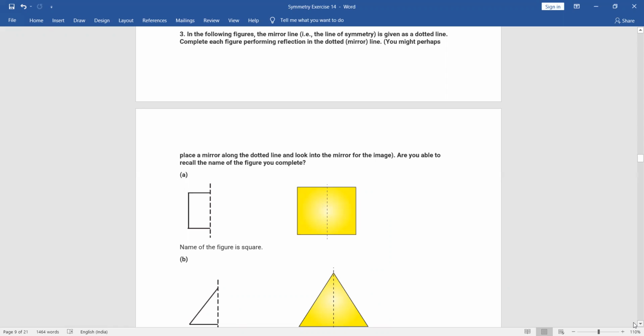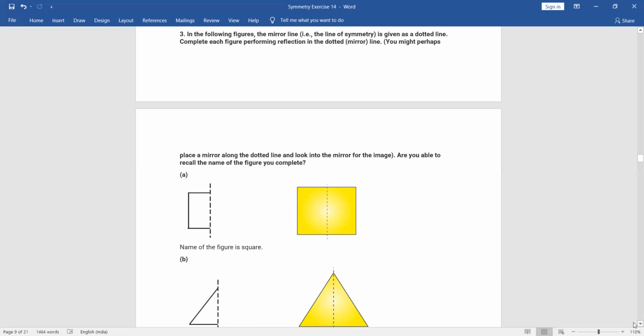When we are talking about the concept of line symmetry, it is closely related to mirror reflection. You can also say that whenever a shape is here and a line of symmetry is there, when one half is the mirror image of the other half, you can easily identify the mirror line or the line of symmetry.